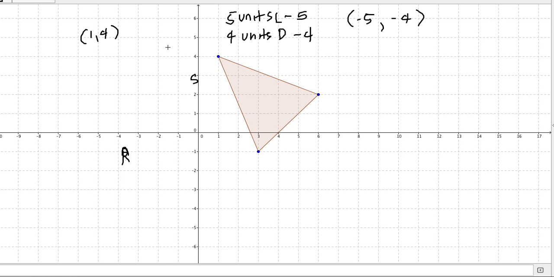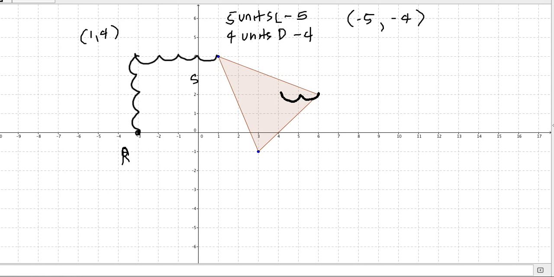So this is 1, 4, and we want to move it 5 units to the left, and then 4 units down. 1, 2, 3, 4. So that's our new point right there. And then we move every single vertex 5 units to the left and 4 units down.